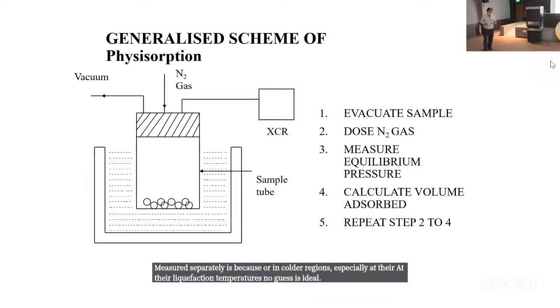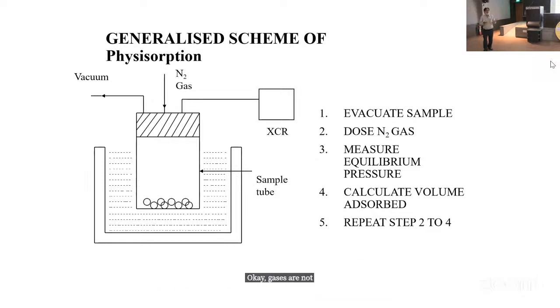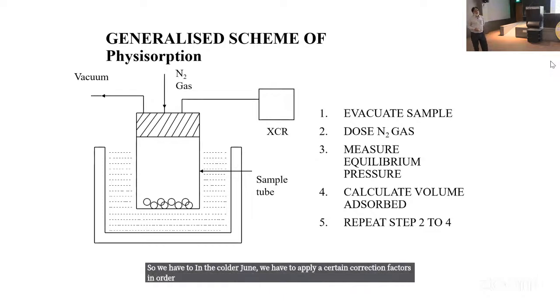Most of the gases will be ideal at room temperature, but nitrogen gas at liquid nitrogen temperatures is not an ideal gas. So in the colder zone we have to apply certain correction factors in order to take account of the fact that it is not an ideal gas. Okay.